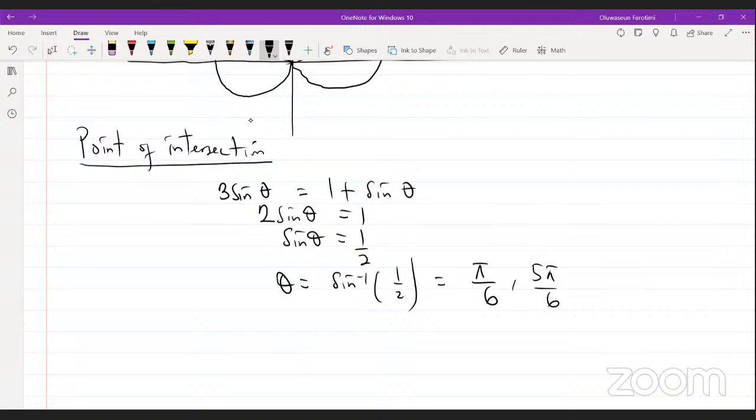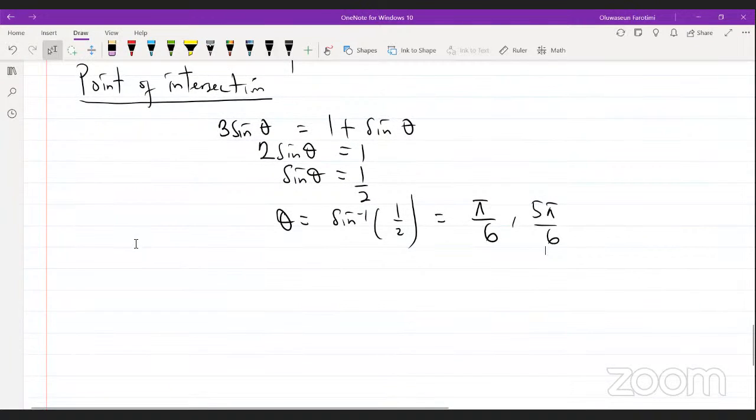The sine of these two angles gives you 1/2, so you need your unit circle to tell you what other angle gives the same answer. So we know our a and our b. The smaller one is the lower bound, the bigger one is the upper bound, because your area cannot be negative.